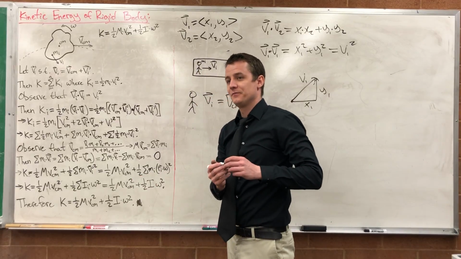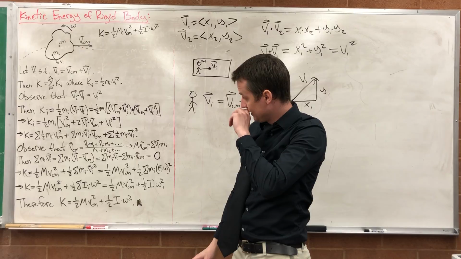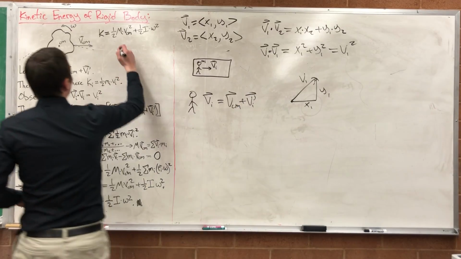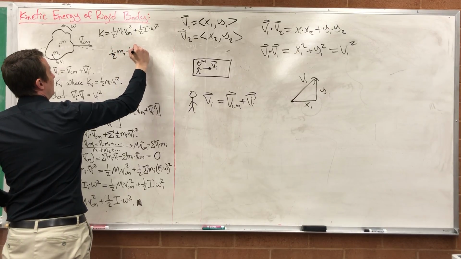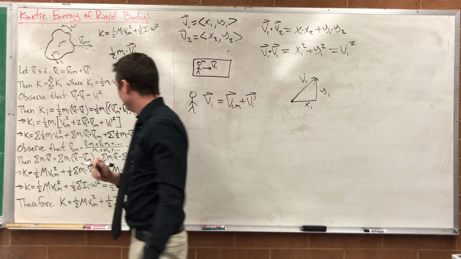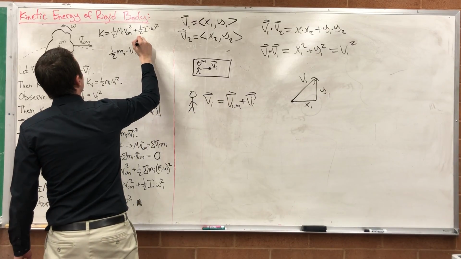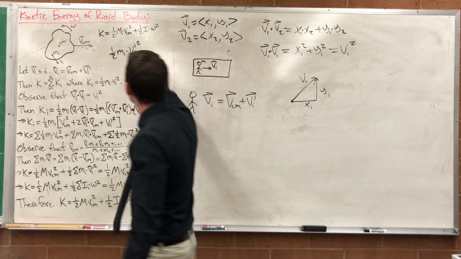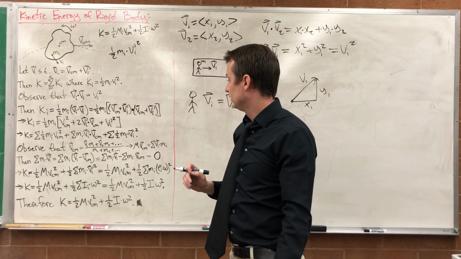Okay, I see that. But with your 1/2 m sub I times velocity prime sub I, you said 1/2 m sub I times my velocity prime at I squared. Oh, so it was like this? No, there was still a vector. Oh, no vector. You just wrote a vector above it.